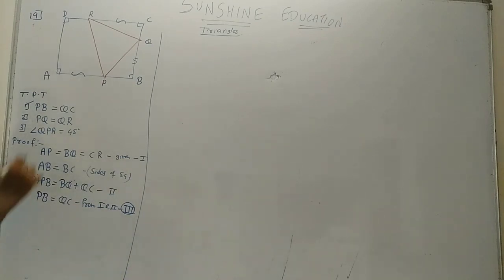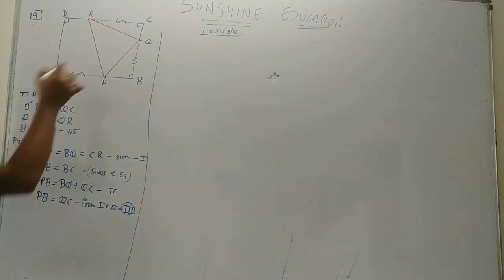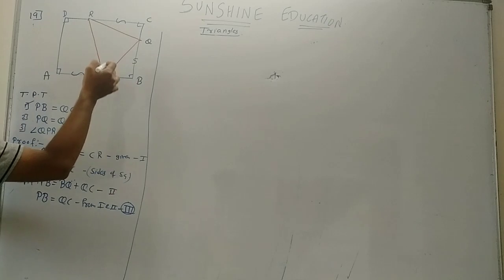Now, second one, PQ is equal to QR. So we will start with this triangle.